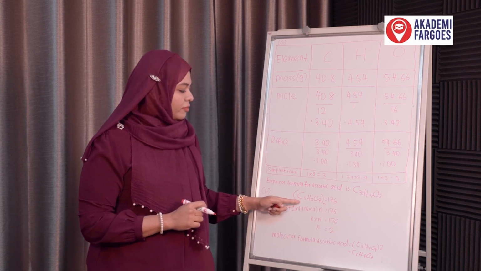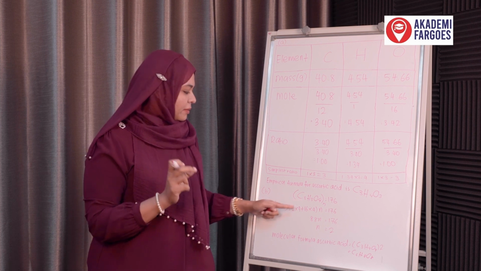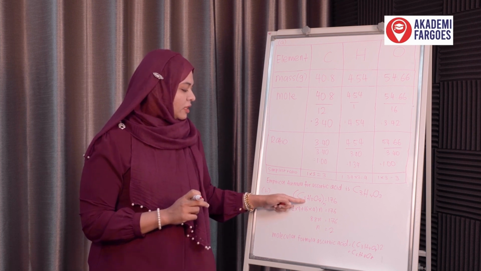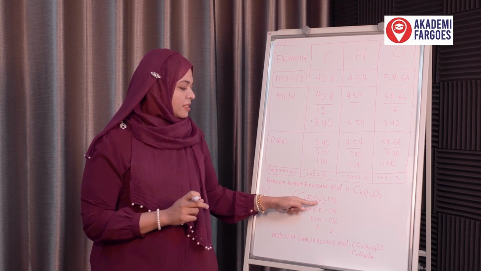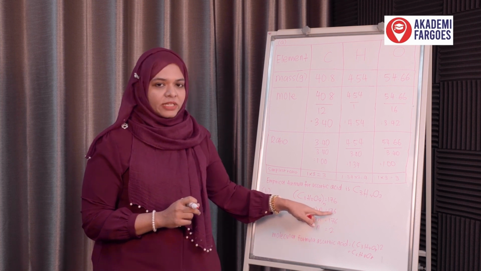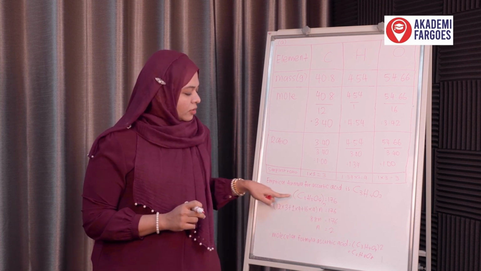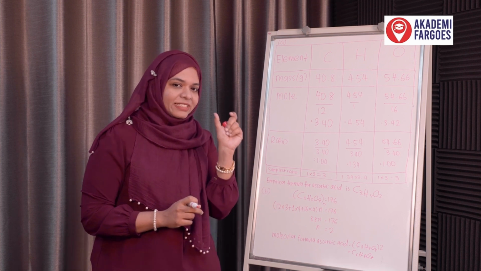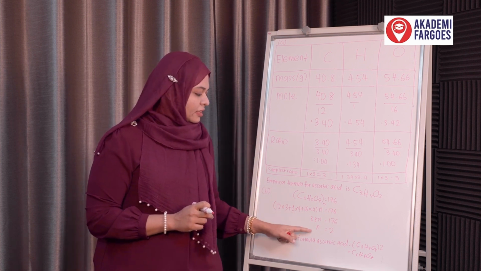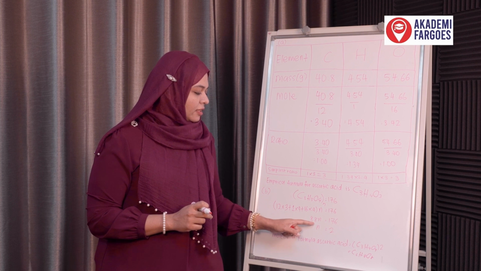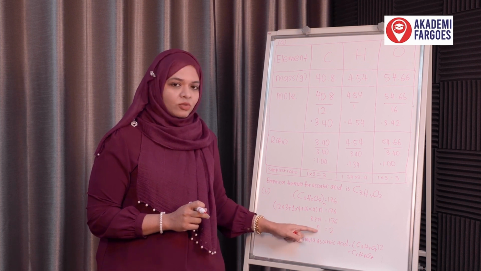Then the RAM for the C, which is molar mass for the carbon, is 12. 12 times 3, 1 times 4 and 16 times 3 equals to 176. The purpose you do this, just want to calculate the ratio of the N. 88N equals to 176, N equals to 2.